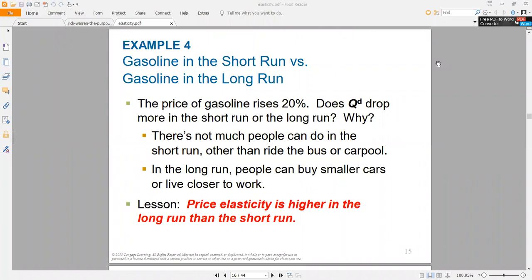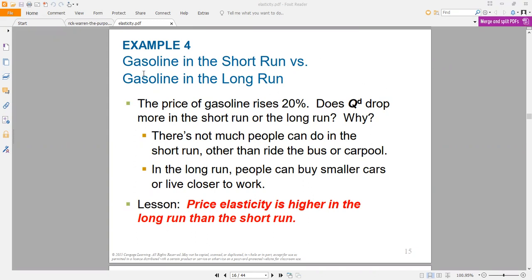All right, so whenever there's an increase in the price of a good in the short run, consumers are unable to actually respond. They cannot really respond to the changes in price, but the longer the time period, the more time they get to make decisions. You see that whenever there's a change in price, there's a change in incentive. So to respond to it, you need time to think about it.